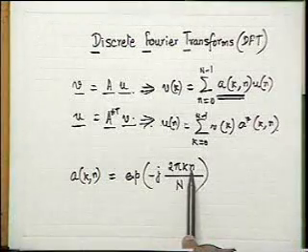The indices are k and n, and we find that in the complex exponential expression this k and this n appear.